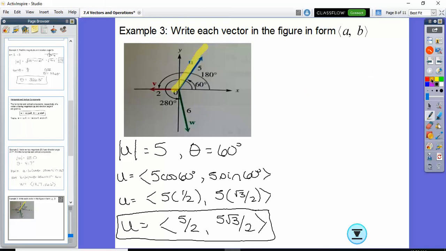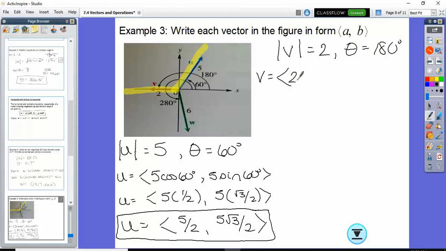So let's do V. This is V. What is the length of V? 2. What is the direction for V? 180 degrees.